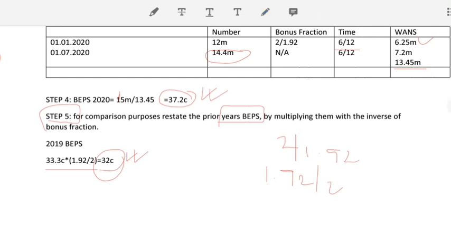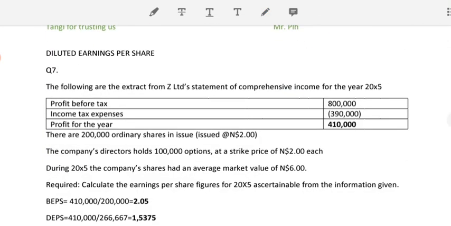Okay, we move on to the diluted earnings per share, where they are working with a condition, to say a certain condition has been fulfilled. Let us go on to say the following are the extract from Z Limited statement of comprehensive income for the year ended 2015.